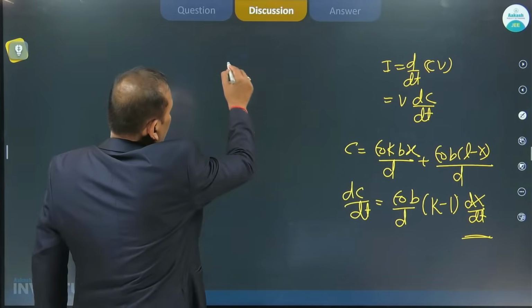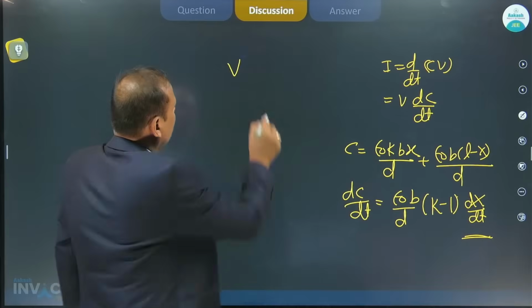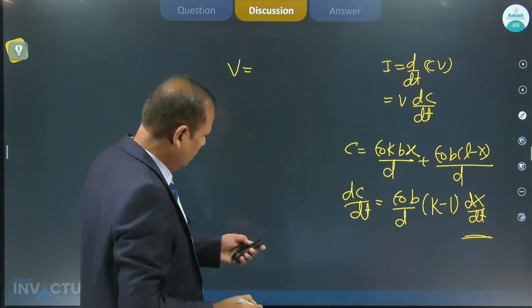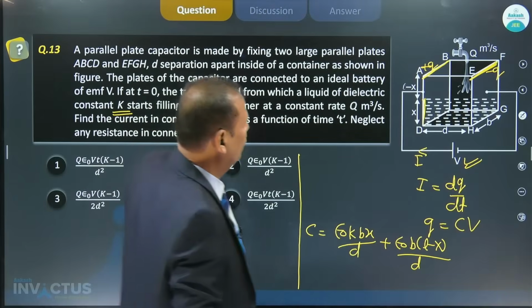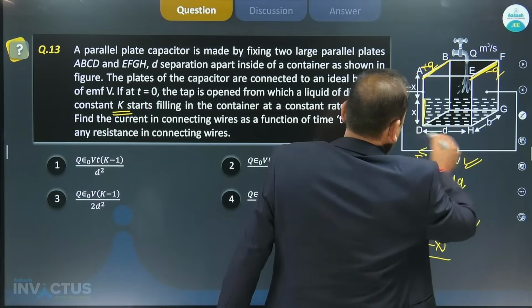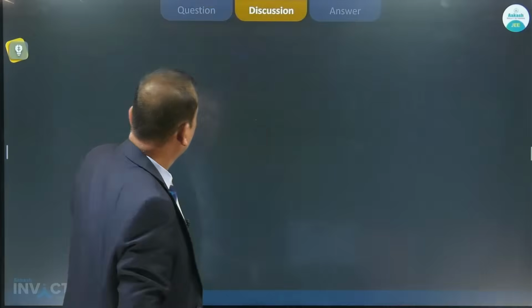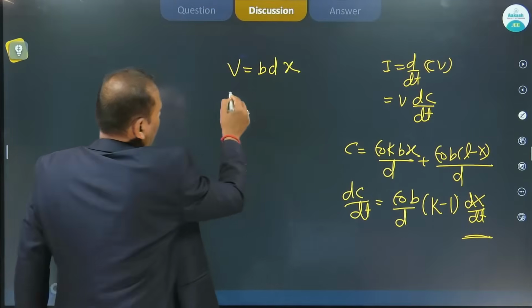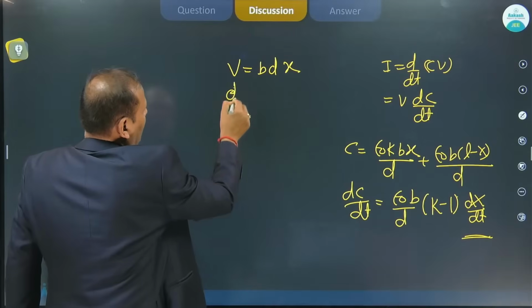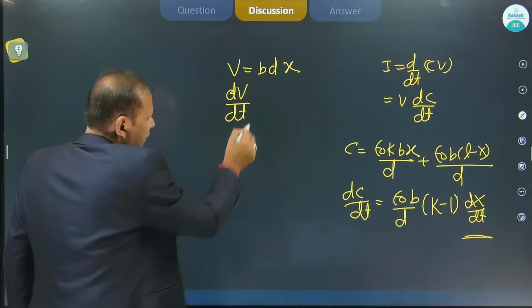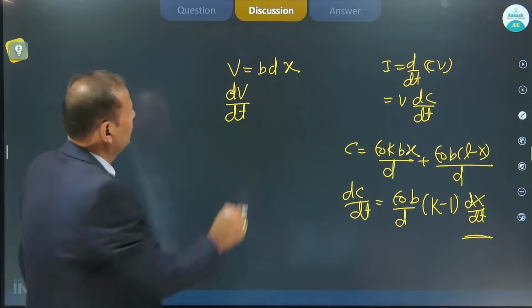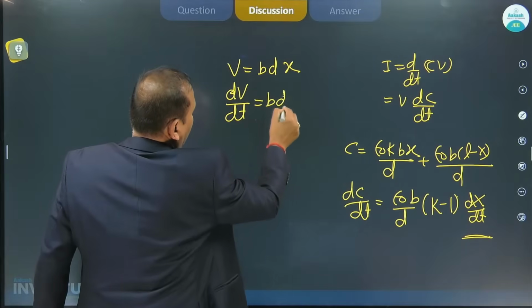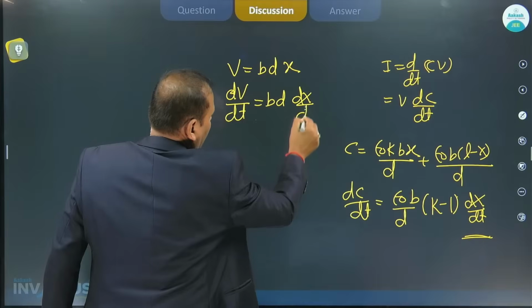So the volume of liquid is B d x. So dV by dt, the rate of change of volume, is equal to B d dx by dt.